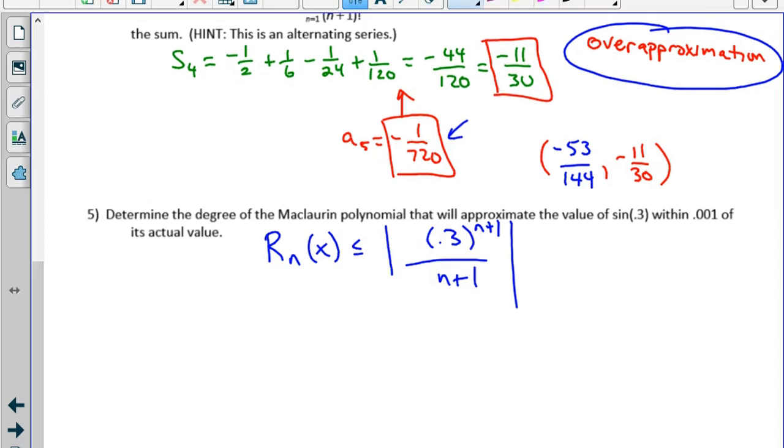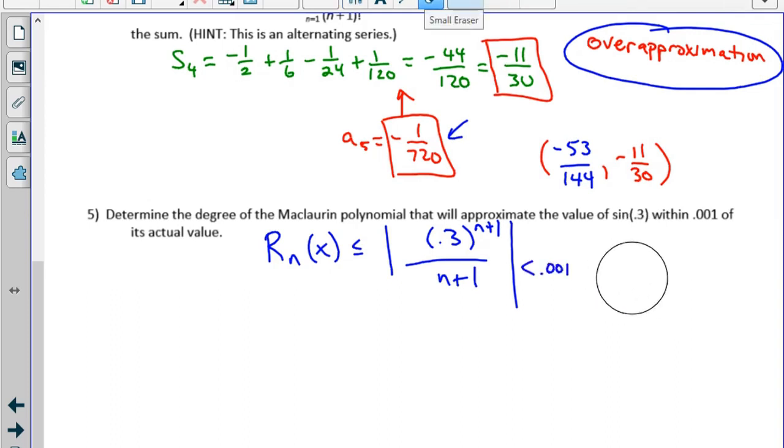We know that since it's a sine or cosine thing. So it's probably easiest to either just repeatedly type 0.3 to a certain power over that power factorial, then erase them and try this to the fourth and so on, and figure out when this ends up being less than 0.001.